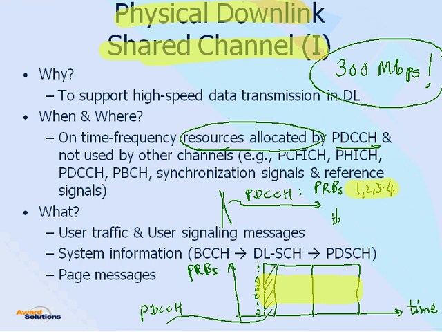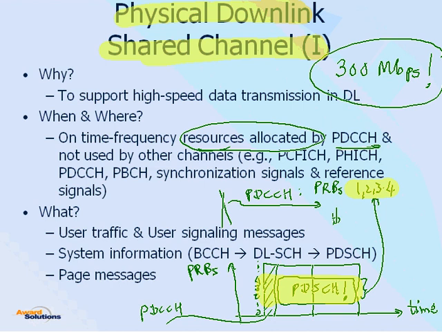We ignore that. So during the remaining portion of the subframe, those resource blocks would carry our actual data. So that is our physical downlink shared channel for all practical purposes.